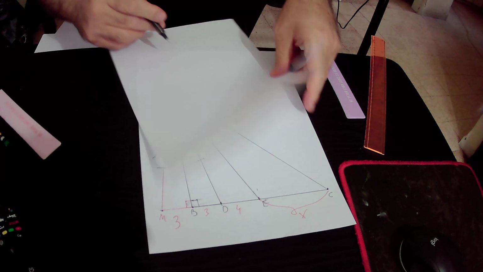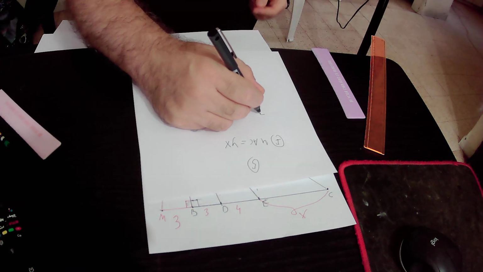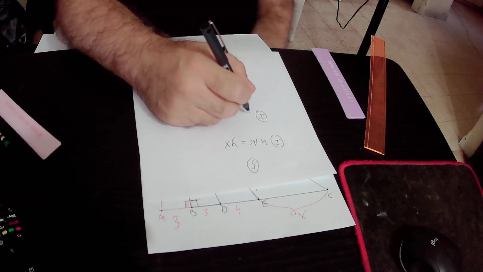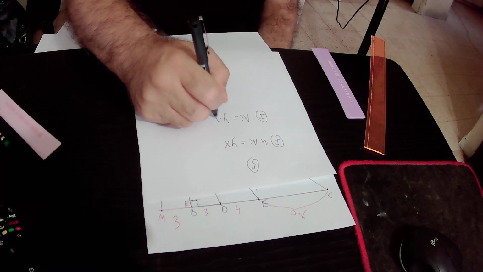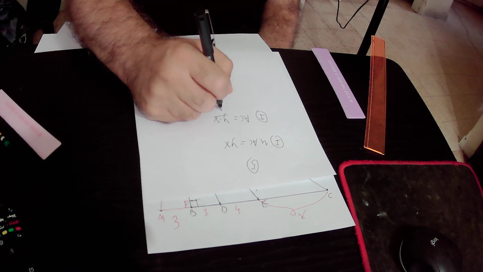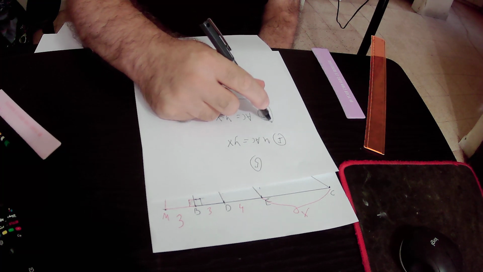So we will get that the value of AC according to equation number 1 is actually Y times X over 4. Okay?